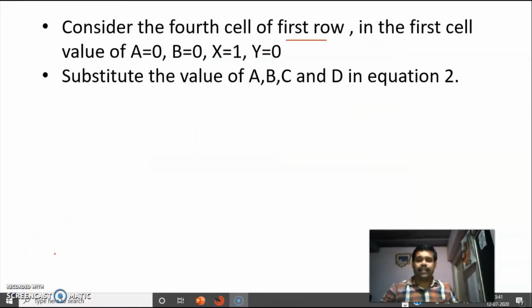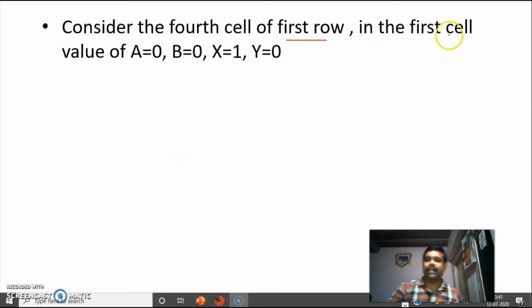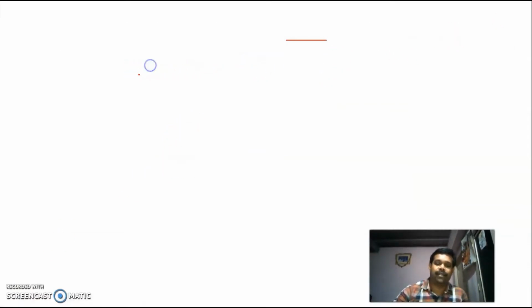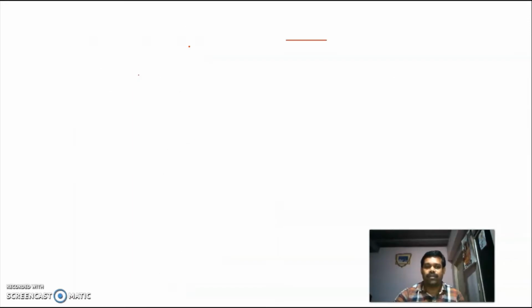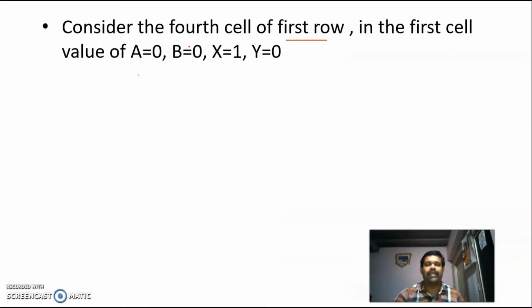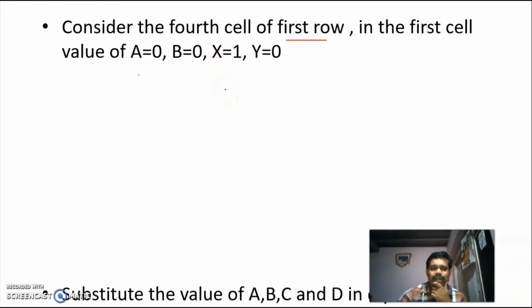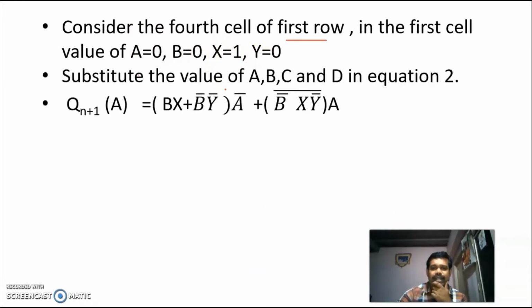So value of A is 0, value of B is 0, X is 1, Y is 0. So we are substituting in the equation 2.